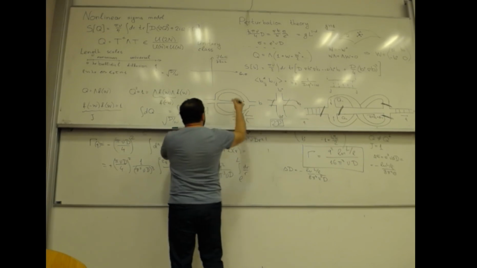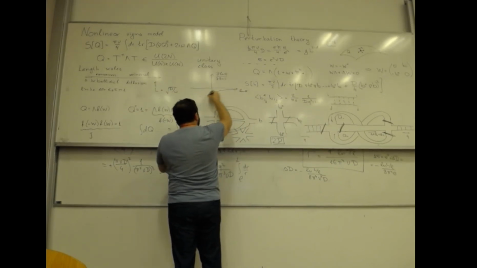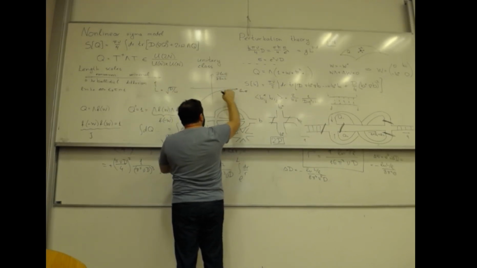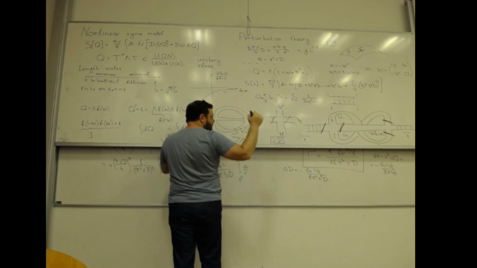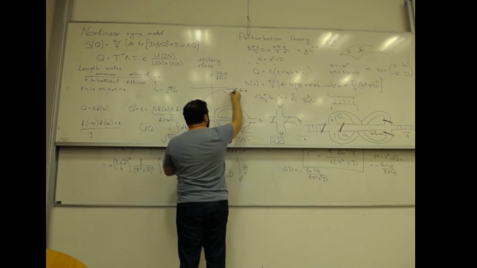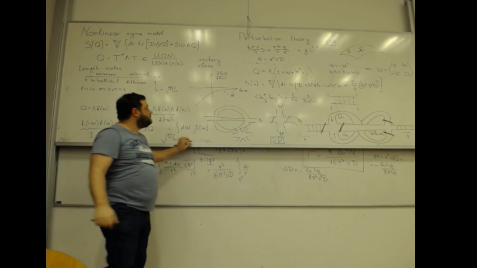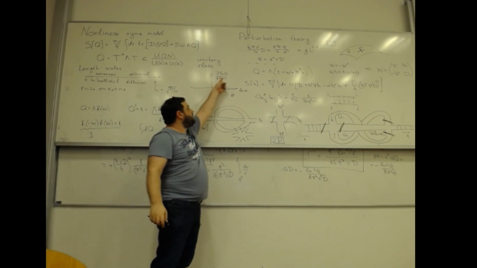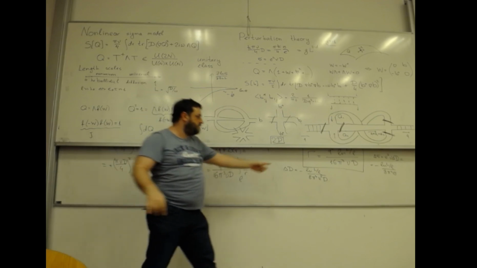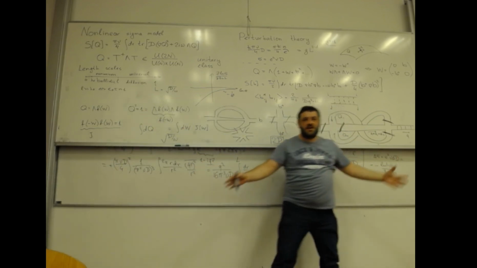So you will have a negative correction here, and this negative slope is proportional to minus 1 over sigma squared. Because when you differentiate log sigma, you have delta sigma over sigma, and then you have another over sigma, so it's 1 over sigma squared.